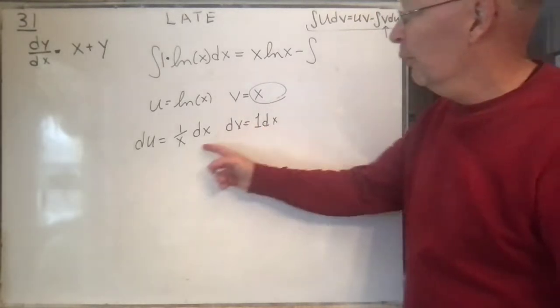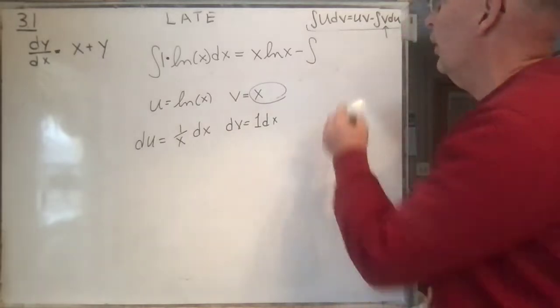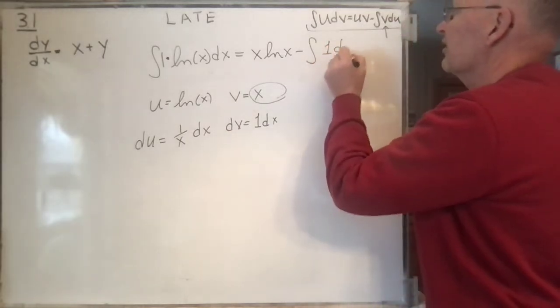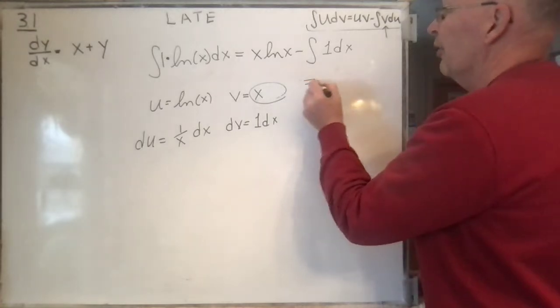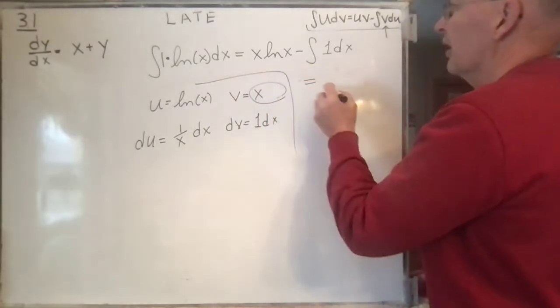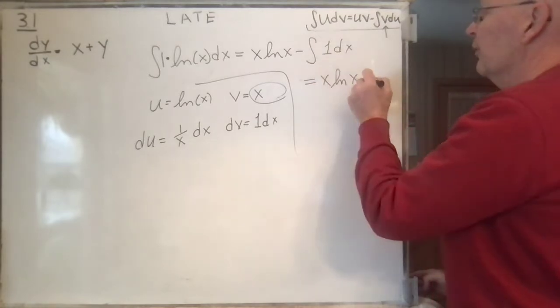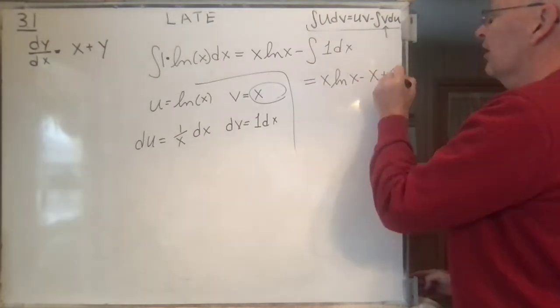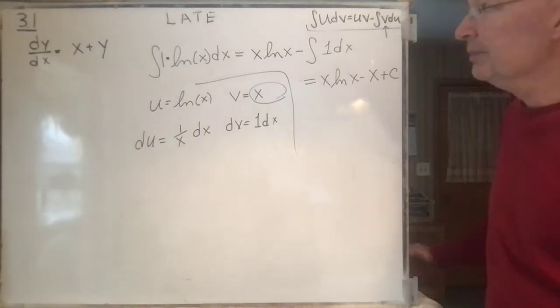Can I do that all in one step? x divided by x is just going to be 1, so it's just going to be 1 dx. See that? And so this whole thing then becomes x ln of x minus the antiderivative of 1, which is just x, plus c. So there you go. Okay?